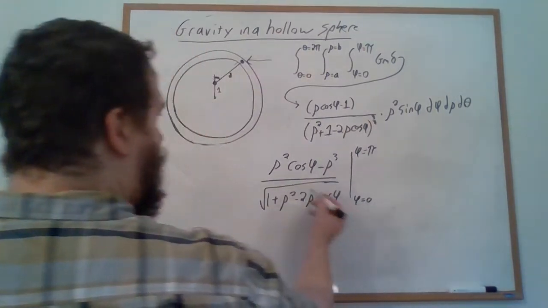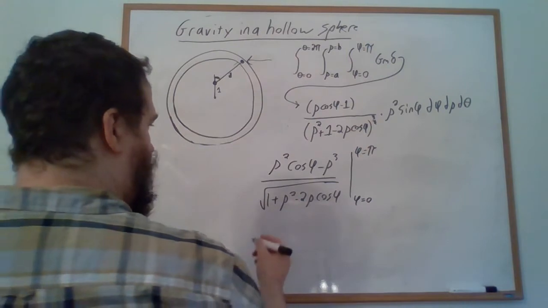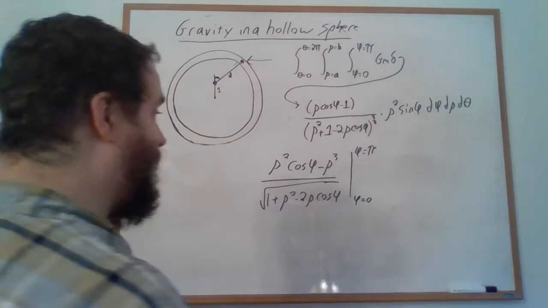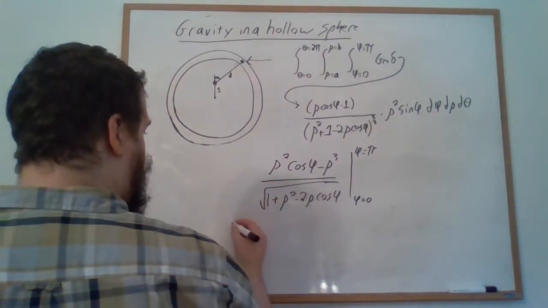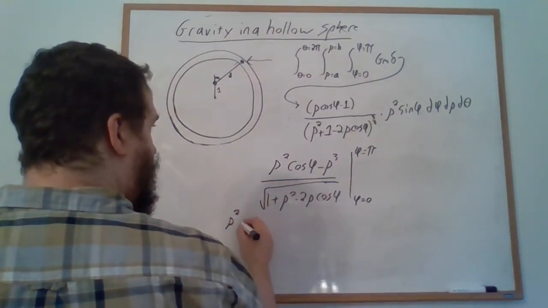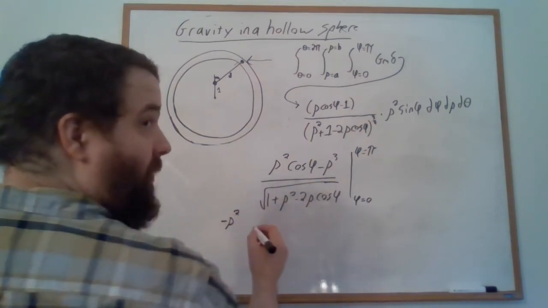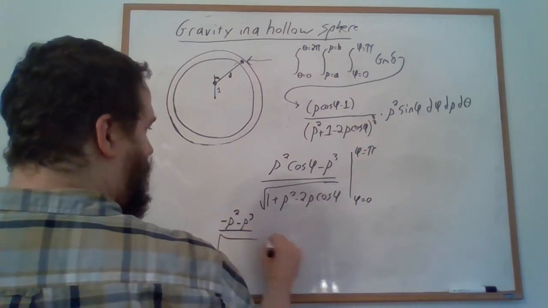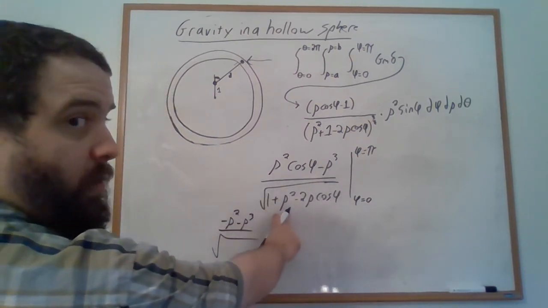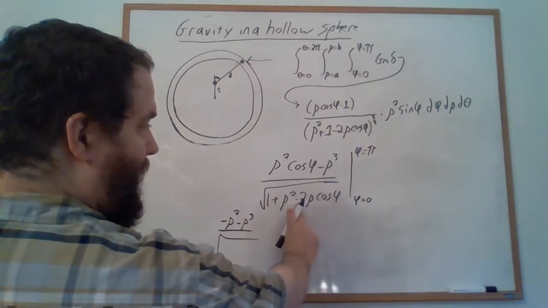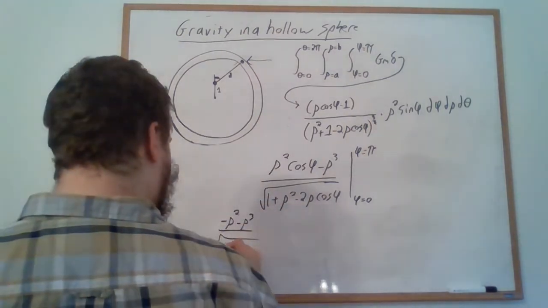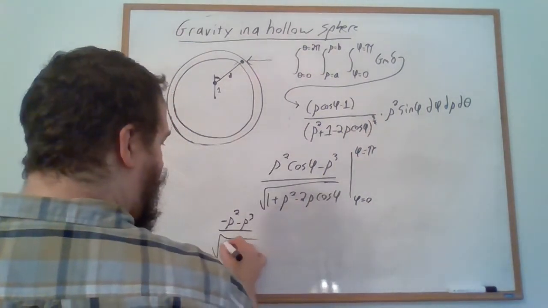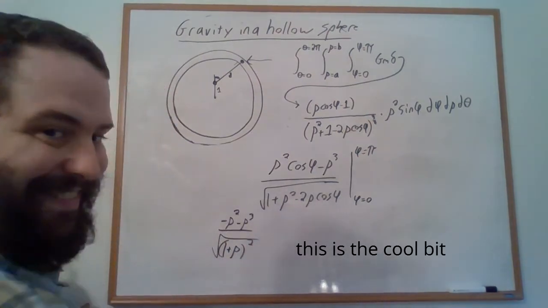When phi equals pi, cosine of pi is -1. So this is going to be rho squared times -1, so it's negative rho squared, minus rho cubed, divided by the square root of 1 plus rho squared plus 2 rho, which you might recognize as 1 plus rho squared.